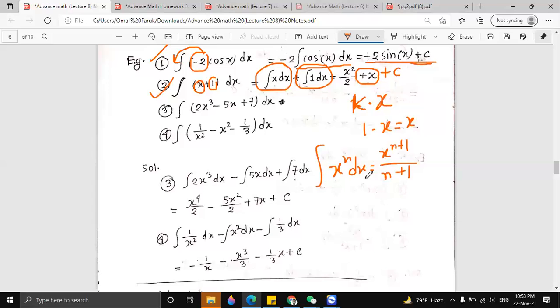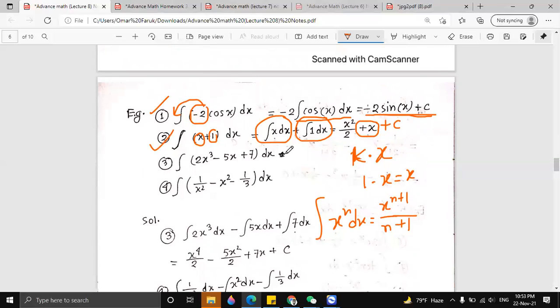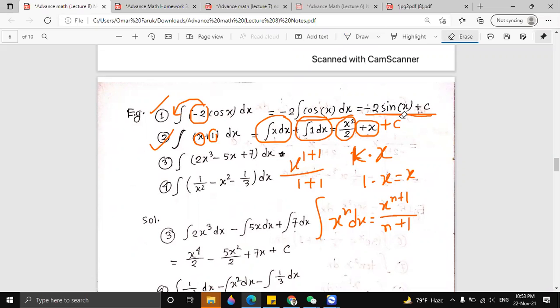Now if I calculate here, x to the power 1 plus 1 by 1 plus 1, right? So this is x square by 2. Then we write down plus c here.